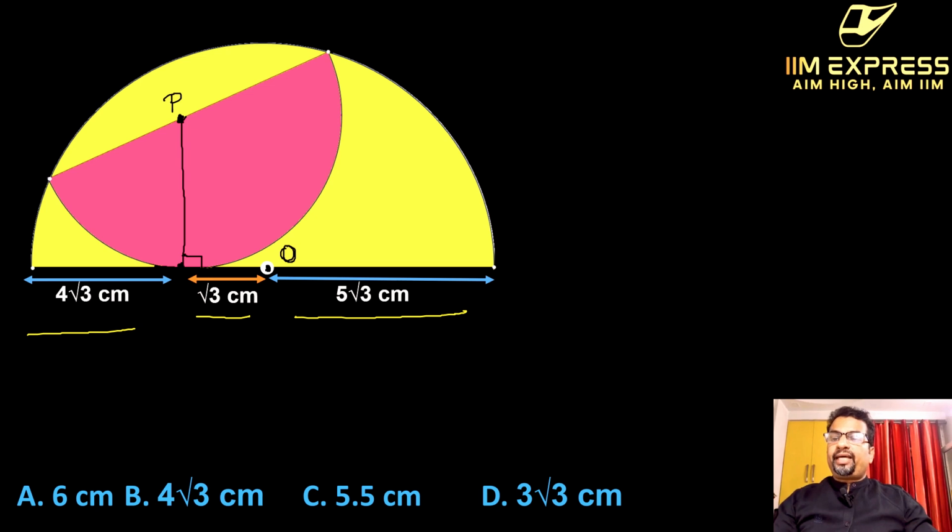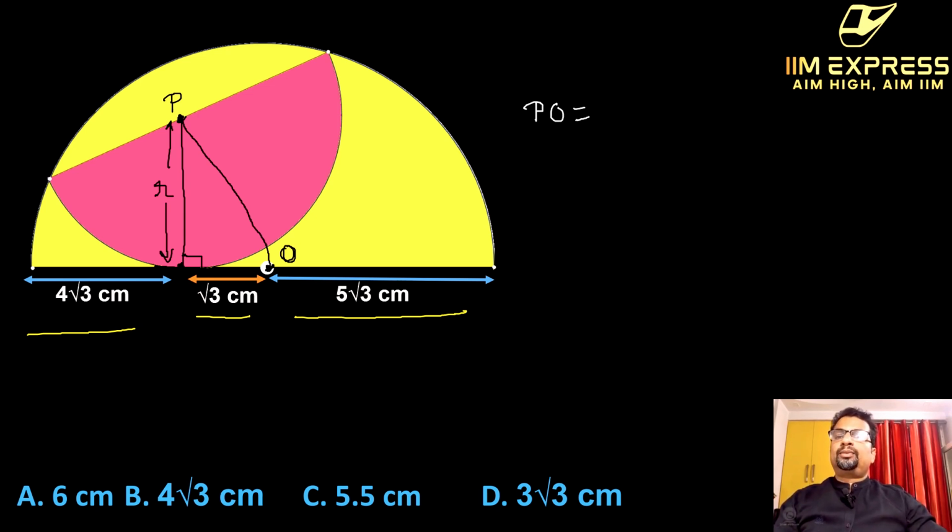If I join P with point O, this is a right angled triangle, and in the right angle this length is given to us root 3 and this length is radius of pink semicircle, which I can assume R. So what is the length of PO?